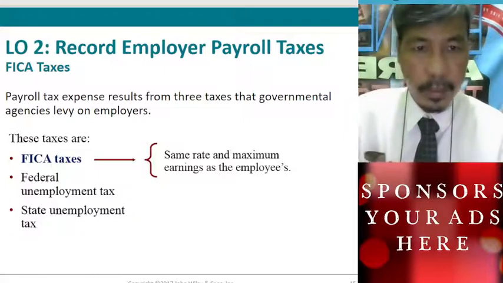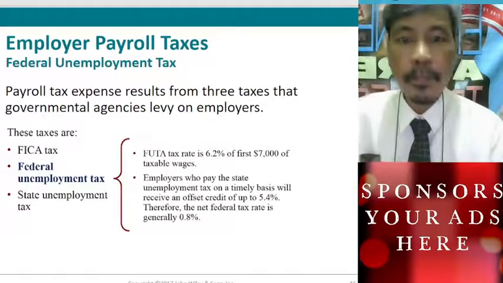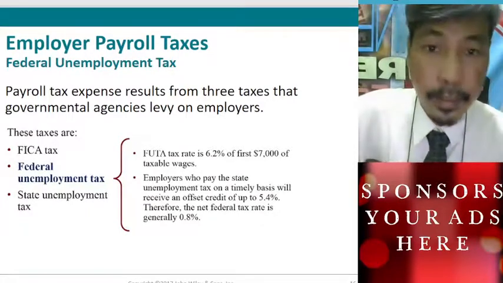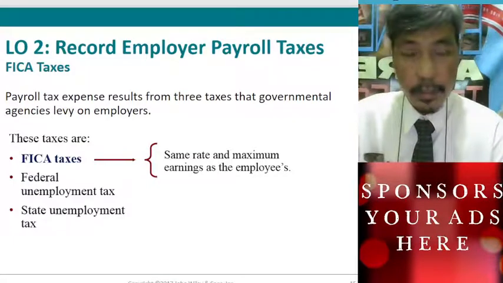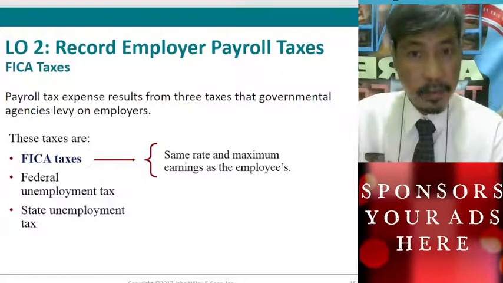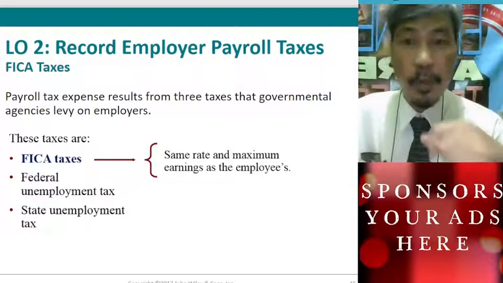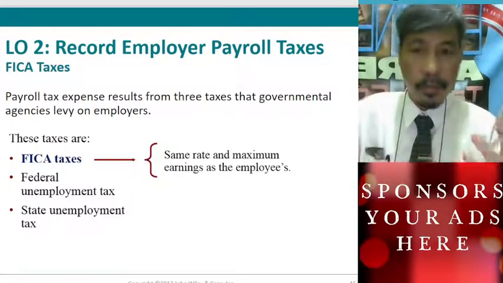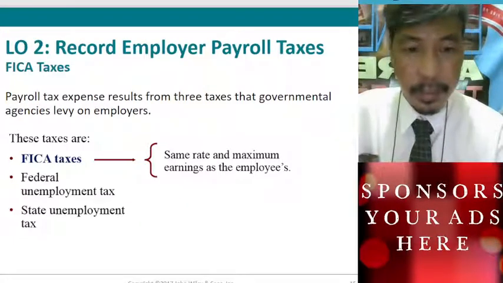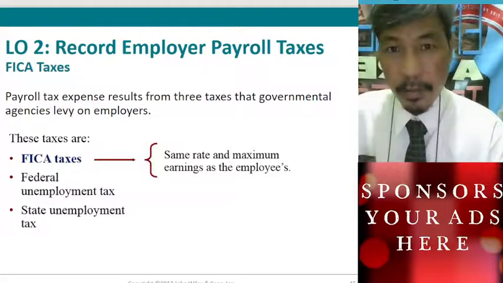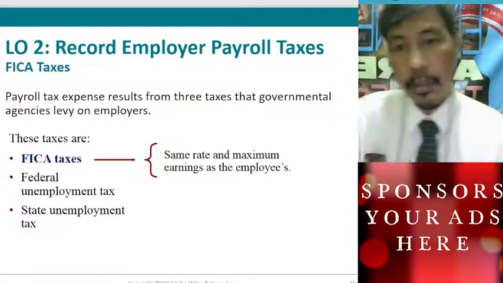Same rate and maximum earnings as the employees. There is a payment by both the employee and the employer, the same rate and maximum earnings as employees.